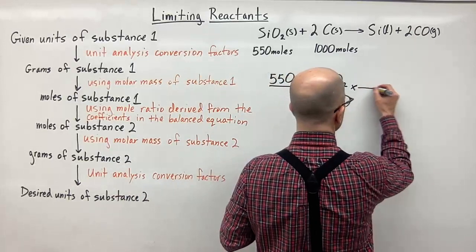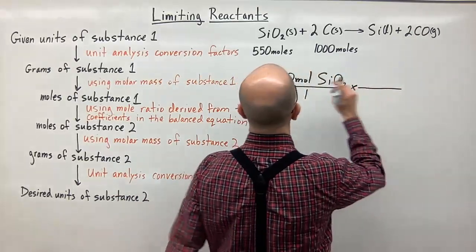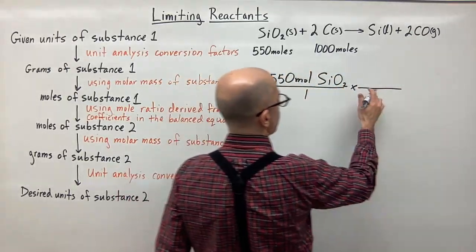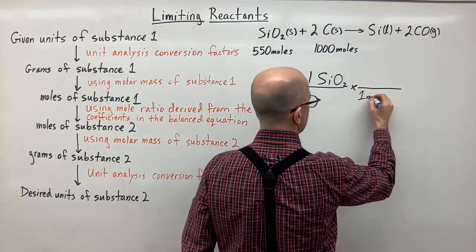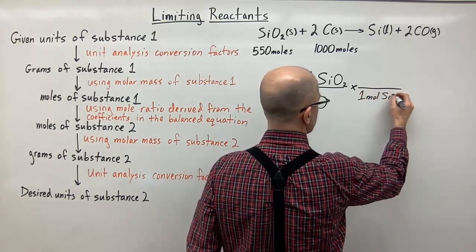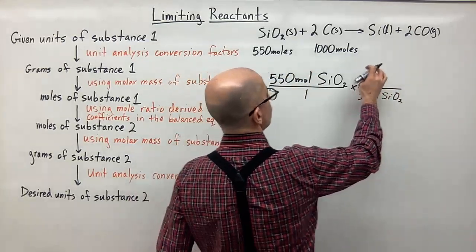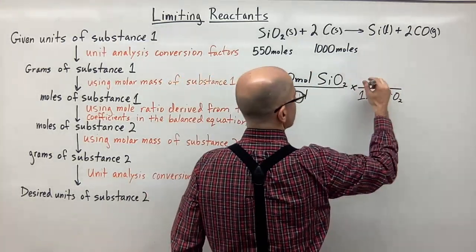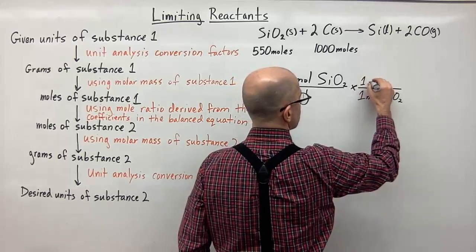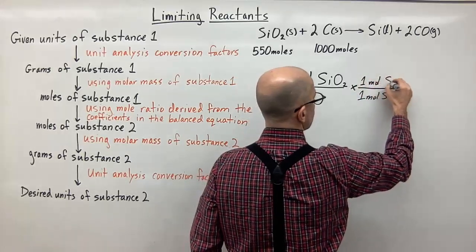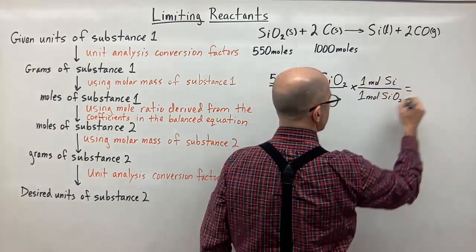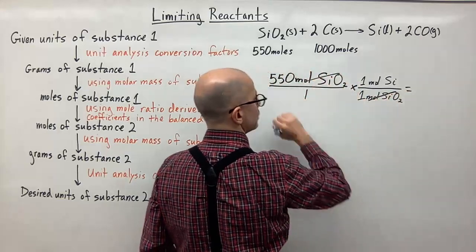So for SiO2, that's going to be 1 on the bottom, so 1 mole of SiO2. And then I'm going to have Si on the top, so 1 mole of Si. So moles of SiO2 cancel out.